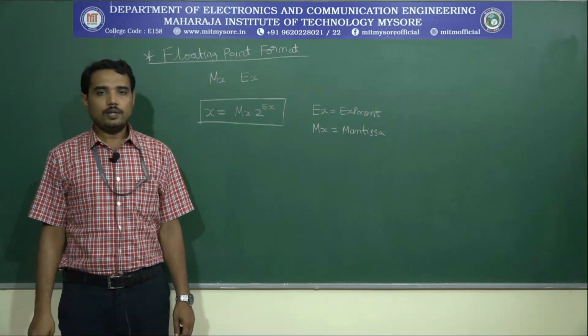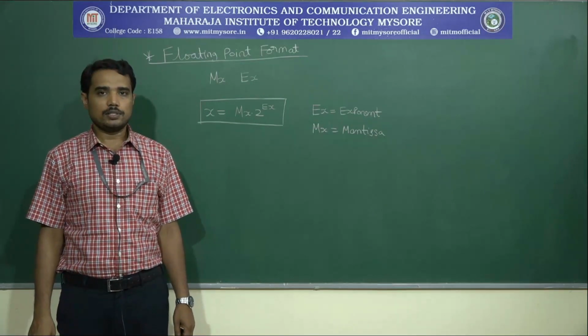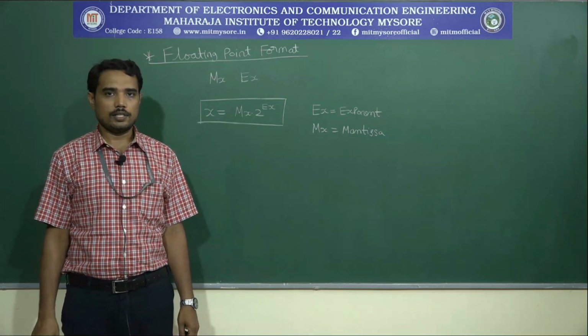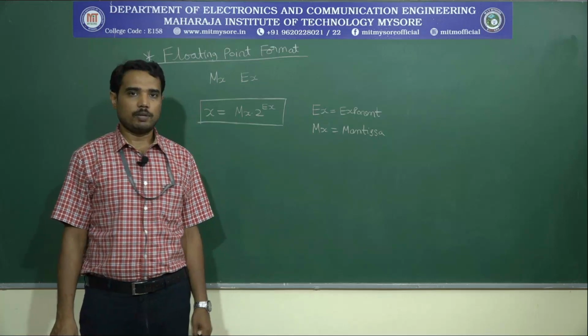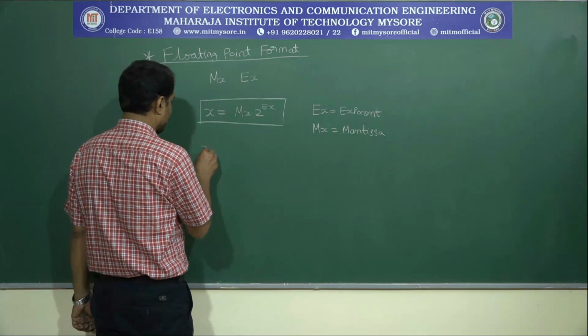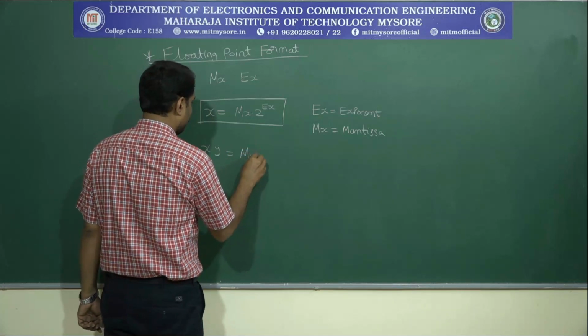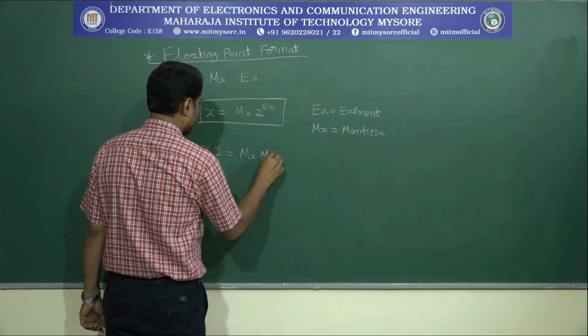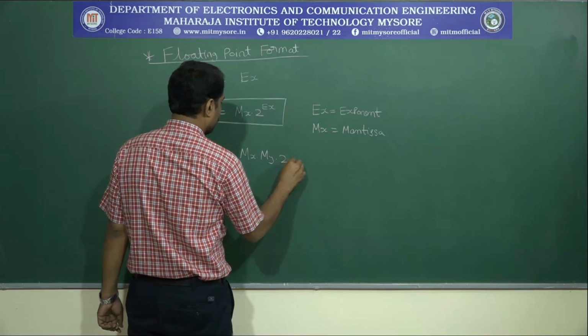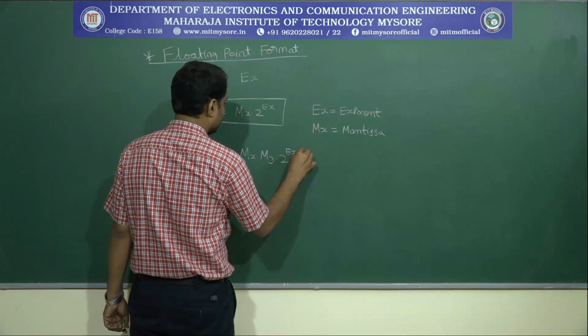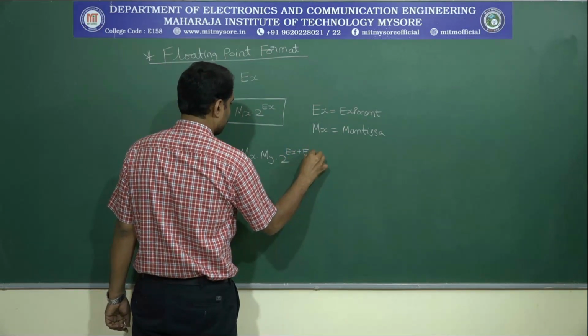Then if we try to multiply two values, let us say x and y, the product will be represented as x into y is equal to mx into my into 2 to the power ex plus ey.